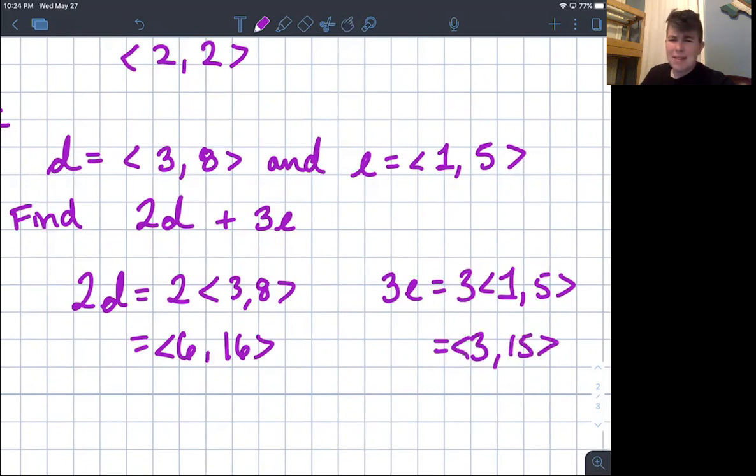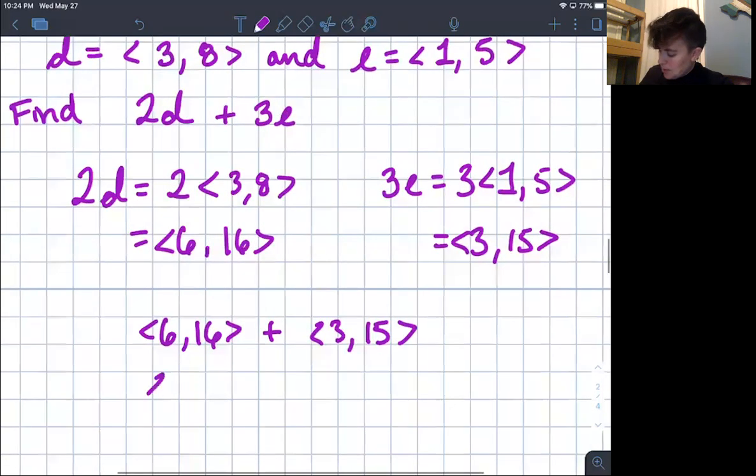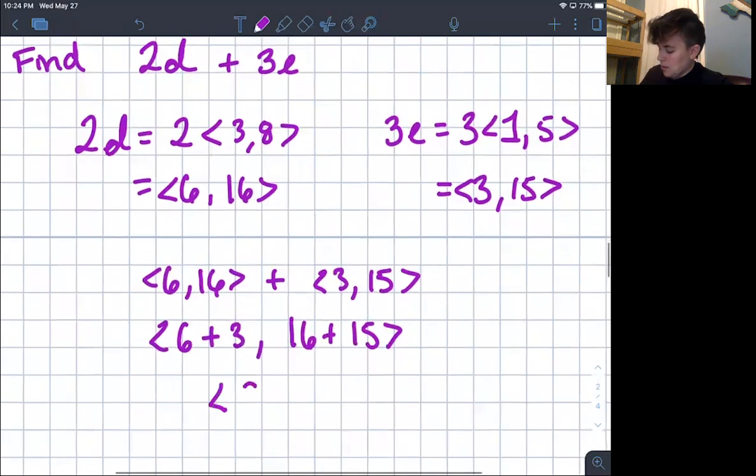So then I'm going to do 6 comma 16 plus 3 comma 15. So that means it's going to be 6 plus 3, 16 plus 15, which yields 9 comma 30.